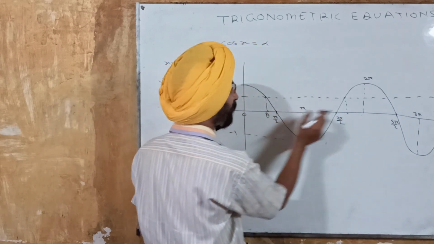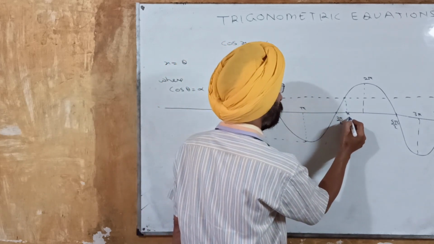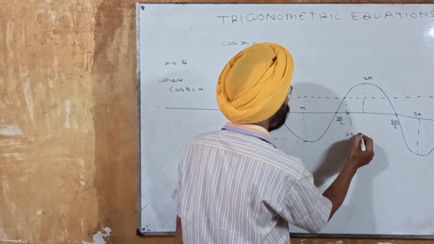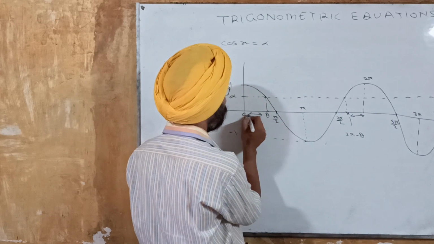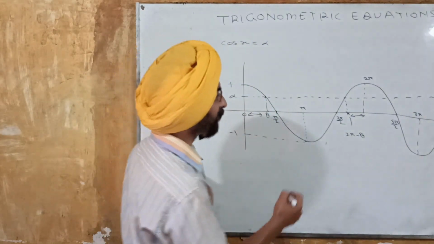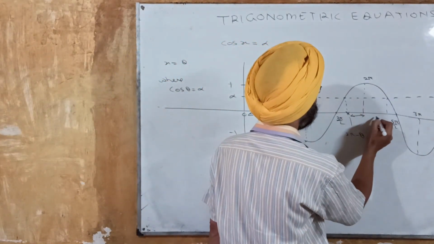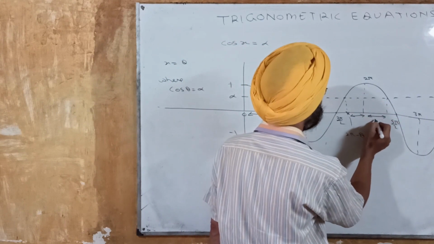So if it is theta, then it will be 2 pi minus theta, because this and this are the same. Then once again you will get it here, and this distance is once again theta.